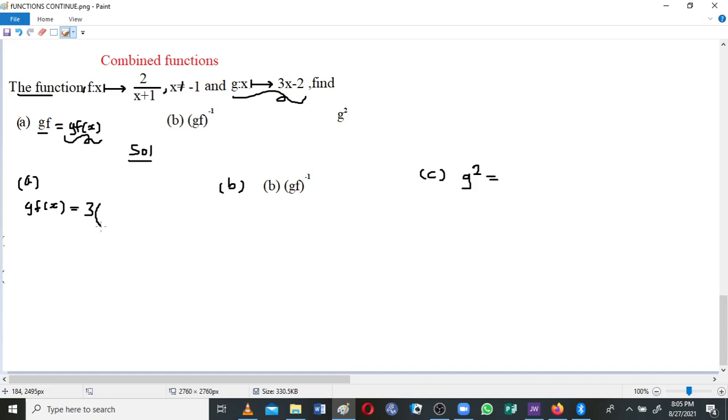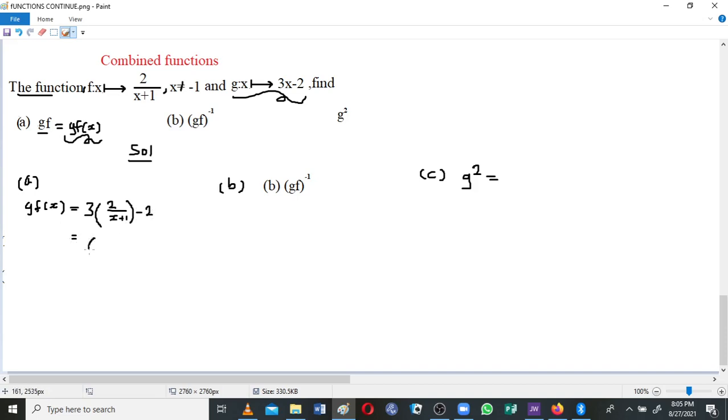And so we're substituting the function f(x) into g(x). We open our bracket there and substitute the function f(x), which is 2 over x plus 1. Now we have minus 2 there.